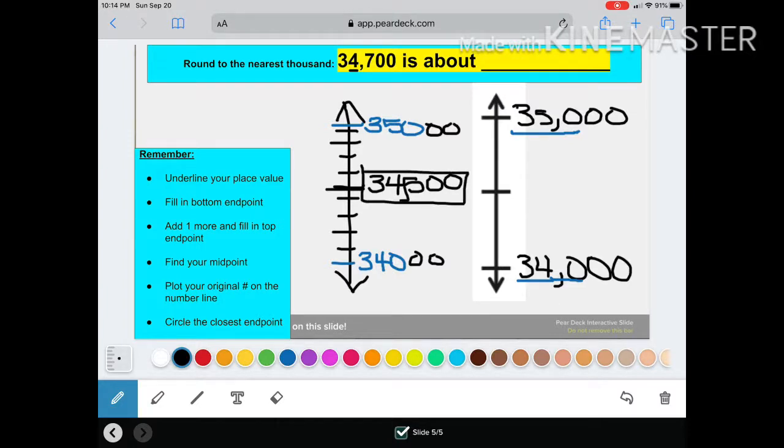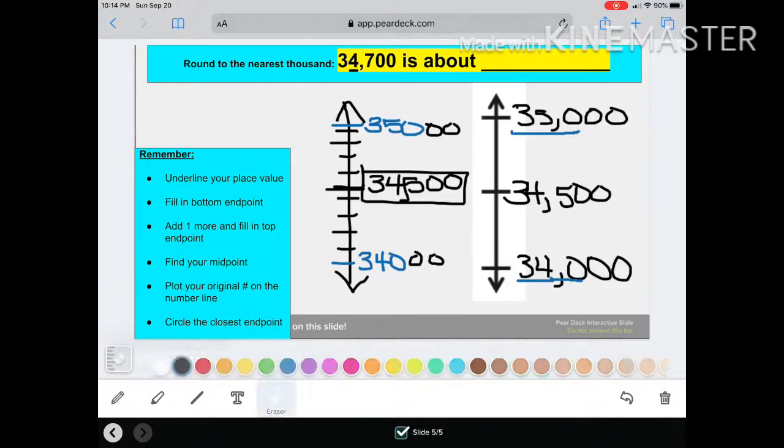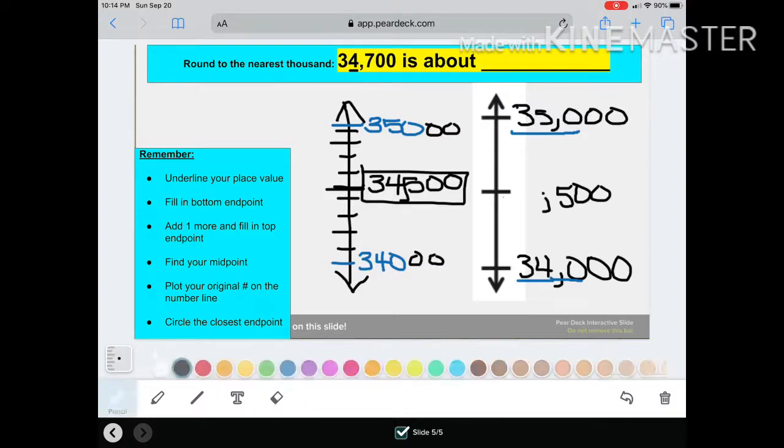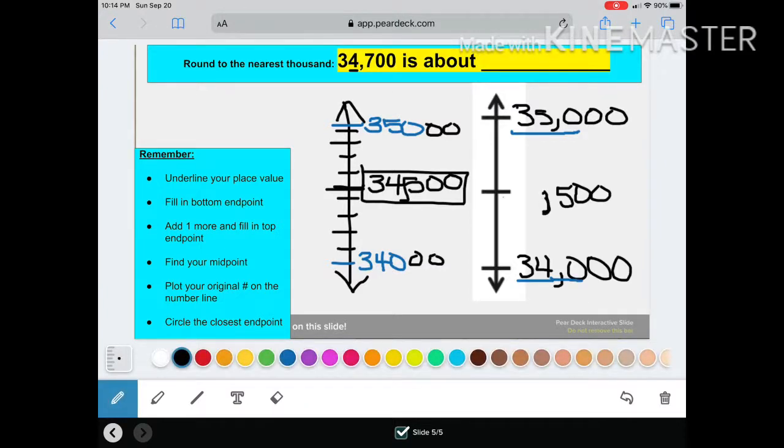Don't forget those commas. So my midpoint is 34,500. I'm going to rewrite that 34 just so that all friends can be clear of what those two numbers are.